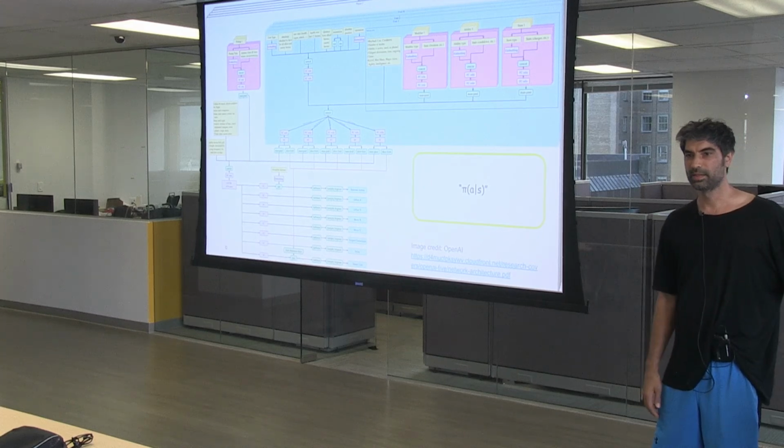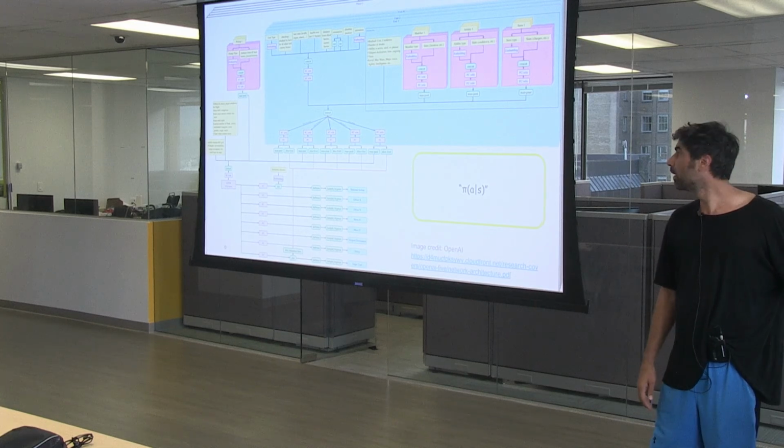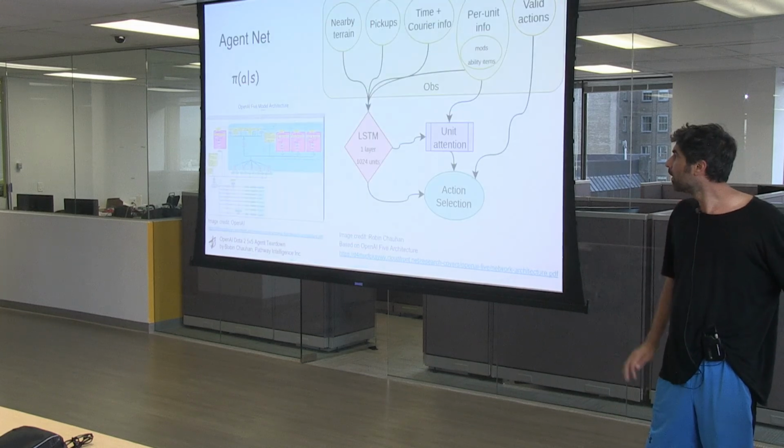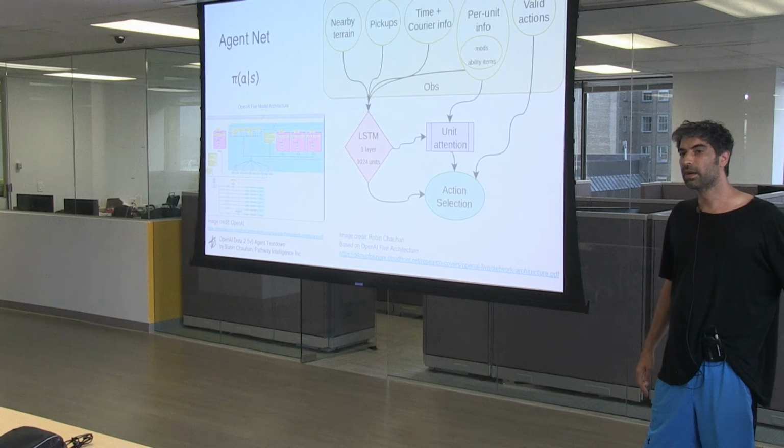Thank you. My question is a continuation of the previous one. Do you know if the agents keep retraining during the game, or is it a pre-trained LSTM layer that doesn't change during the game?